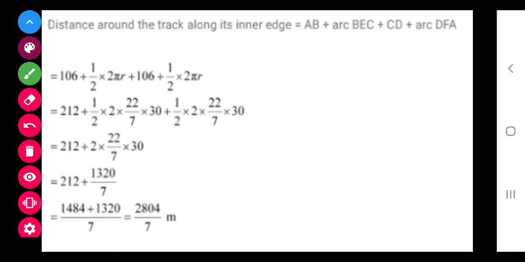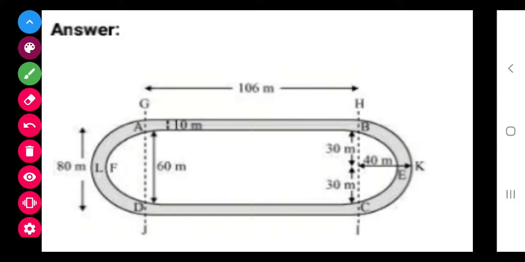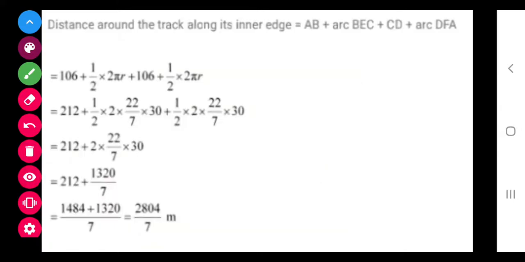Now they have applied the same. First of all, this arc AB, they have taken this one AB, that is 106. Then this one arc BEC, this is pi r, then DC is 106, then DFA is pi r.